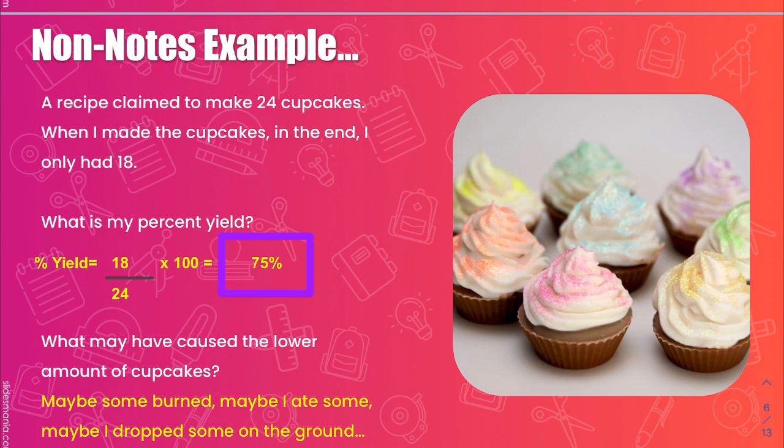Hopefully you don't eat your chemistry experiment, but you could certainly eat your baking experiment, and that's what might cause it to not be there. Maybe I dropped some on the ground and they weren't good anymore. Maybe my husband walked through the room and he stole one. Lots of possibilities that might result in a low percent yield. So in this case, I only got 75% of what I should get, and that's called percent yield.